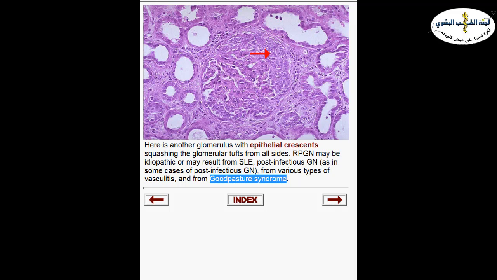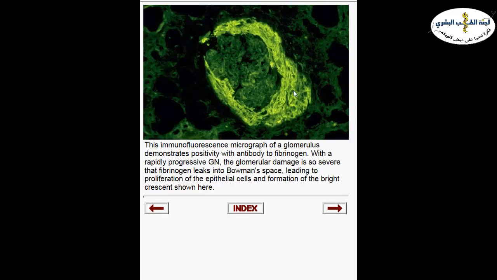Secondary, the patients may also have crescentic glomerulonephritis and rapidly progressive glomerulonephritis. Now, to highlight the crescent, we can do an antibody to fibrinogen under immunofluorescence. Fibrinogen is a protein found in blood, and because it's lost in crescentic glomerulonephritis, it's entrapped within the crescent, and here it's positive.